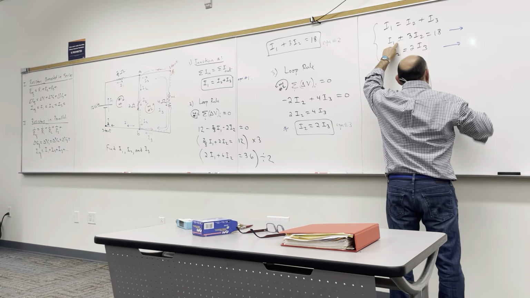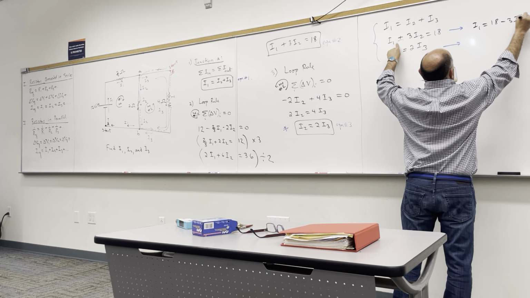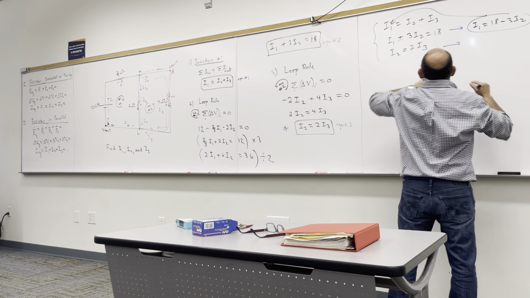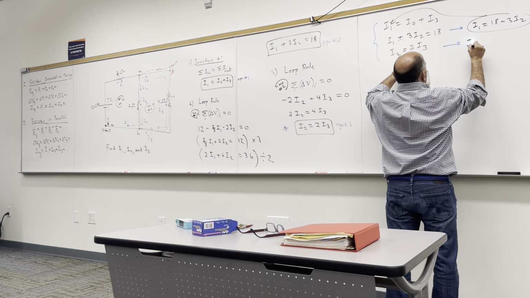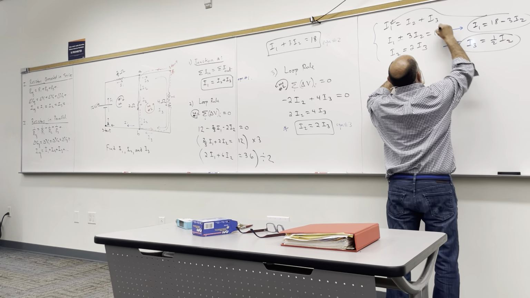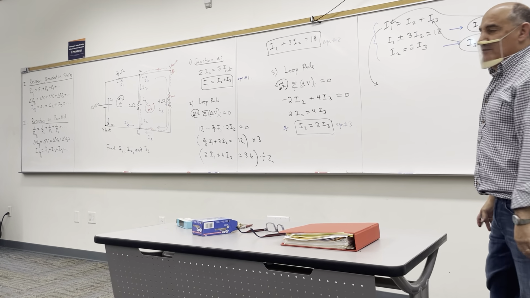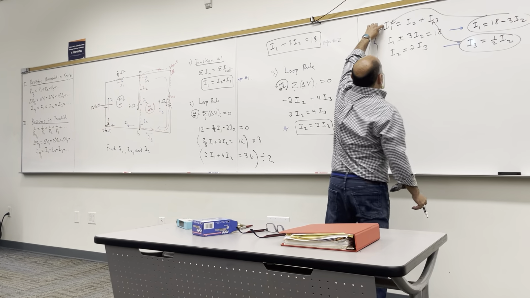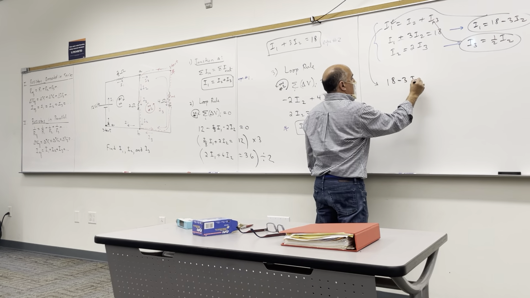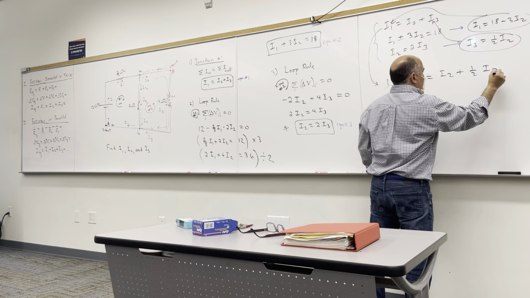I1 here will be 18 minus 3I2, and I'm going to plug it in here, so I have it in terms of I2, and then I3 will be 1/2 of I2. Now I'm going to plug this in there, so that this equation only has I2 and I can solve for it. So I1 is 18 minus 3I2 equals I2 plus I3, which is 1/2 of I2.